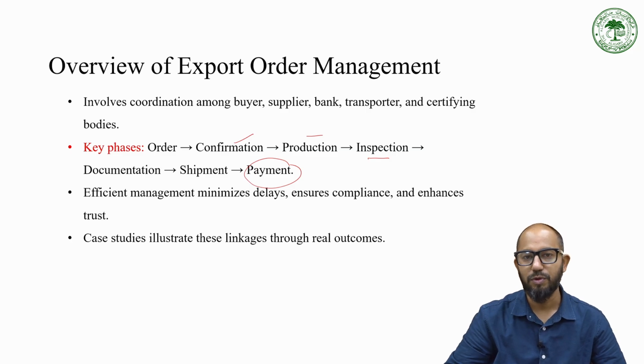It is to be noted that efficient management minimizes delays, ensures compliance, and enhances trust. We will be taking some case studies that will illustrate these linkages through real outcomes.